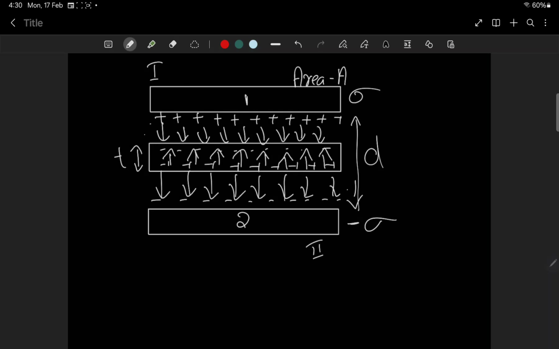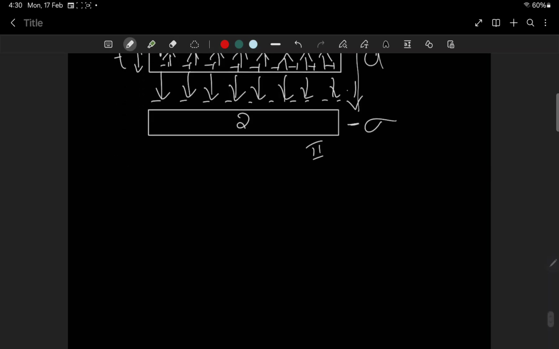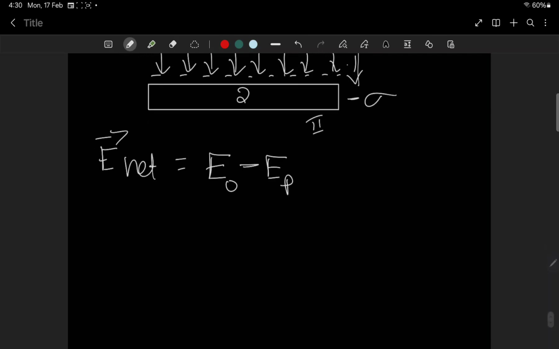This is the electric field due to polarization, right? So the net electric field E net is equal to E naught minus EP.